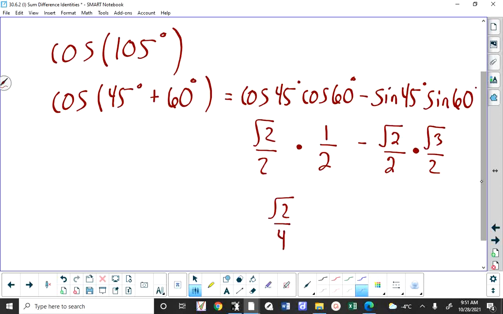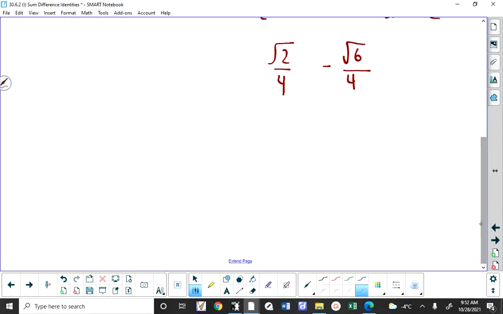I'm amazed how many times people will write it over 2. They don't think that they should be multiplying those two 2's together. We're not adding fractions, you're multiplying them. You have to go 2 times 2 on the bottom. Minus root 6 over 4, which simplifies to root 2 minus root 6 over 4.